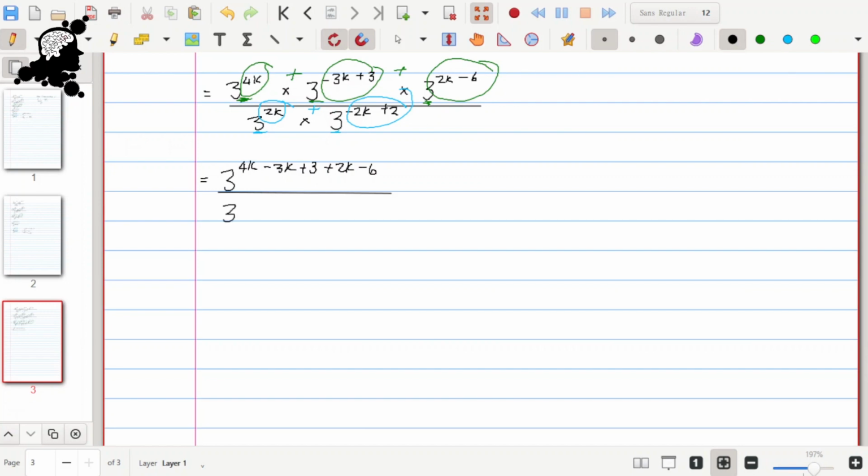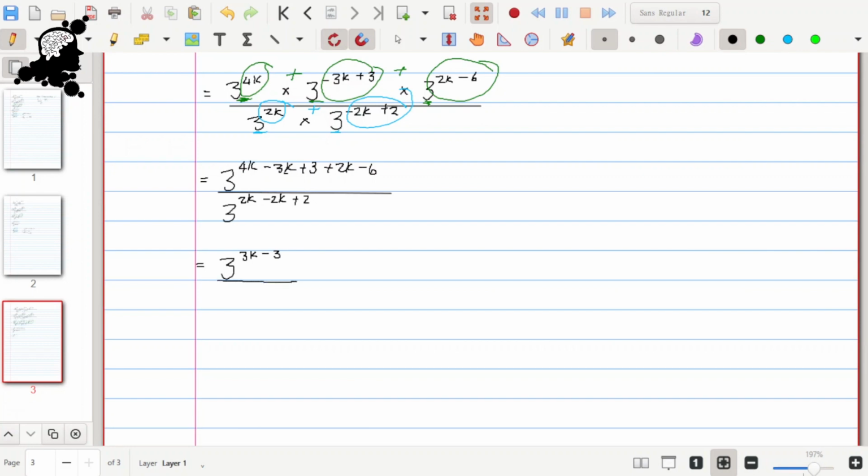So this is going to be 3 to the power 2k minus 2k plus 2. Right, now we simplify. 4k minus 3k, that's going to give me positive k. Positive k plus 2k, that's going to give me 3 to the power 3k. 3 plus minus 6, that's just going to give me minus 3.